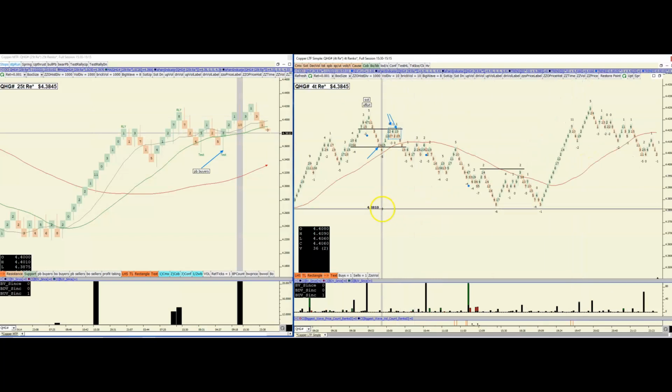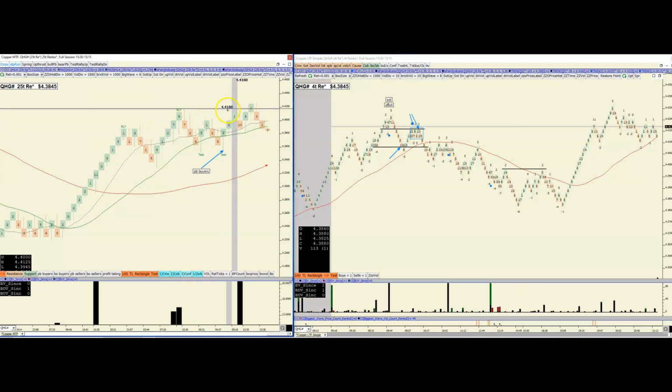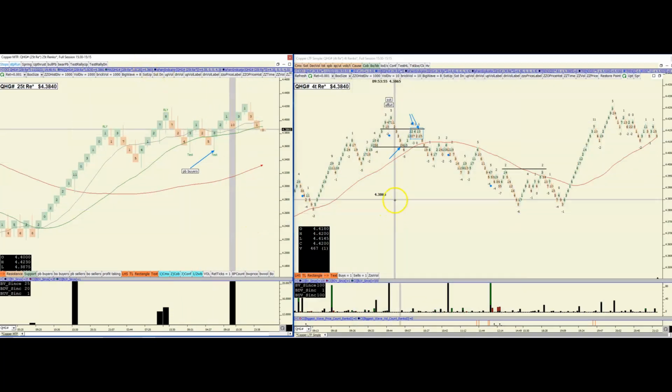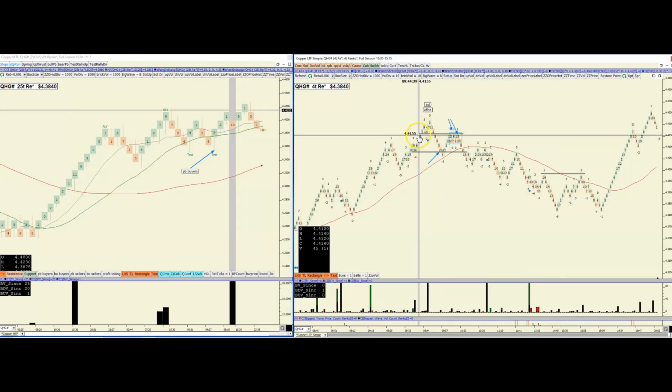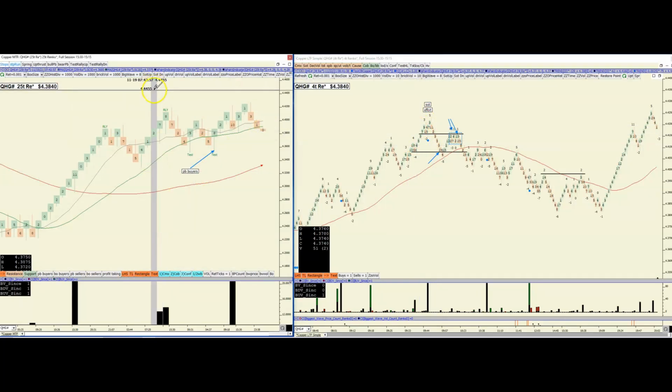Okay. The other thing I wanted to mention was this. This position here was a breakout position. All right, now I just put it on the other time frame here.